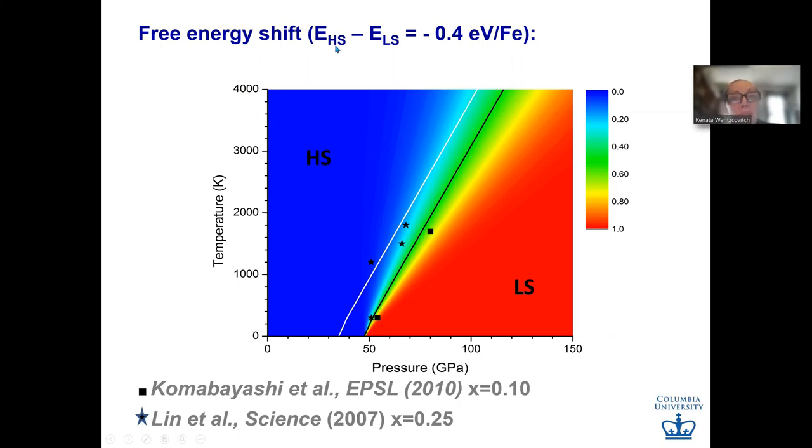So if I shift the difference in free energy between high spin and low spin at P equals 0 by 0.4 electron volts per iron, I shift the middle of the phase boundary from white to black here. This was done ad hoc just for the sake of continuing to compare with experiments and making predictions for the mantle.